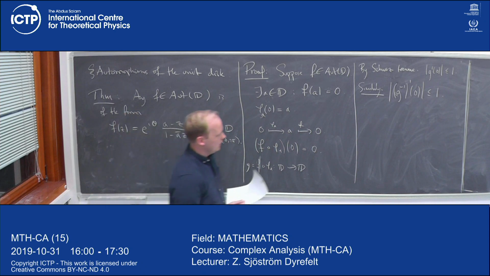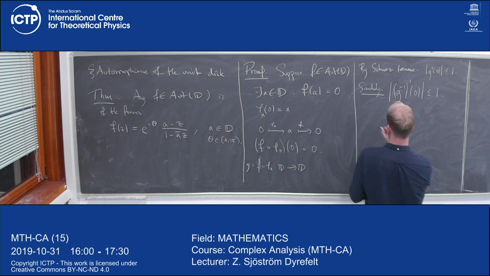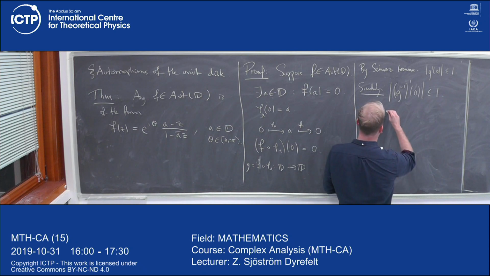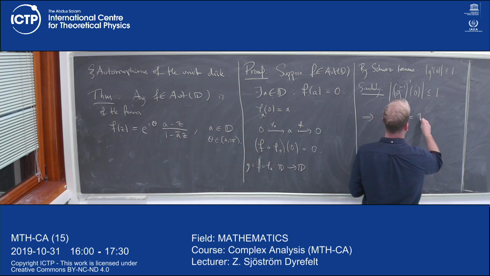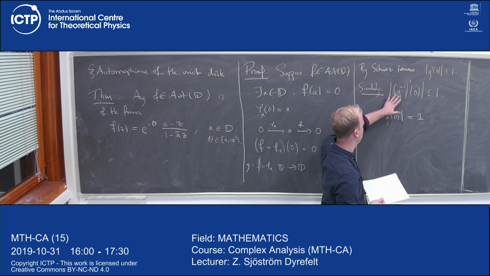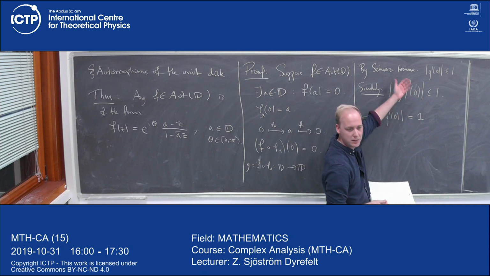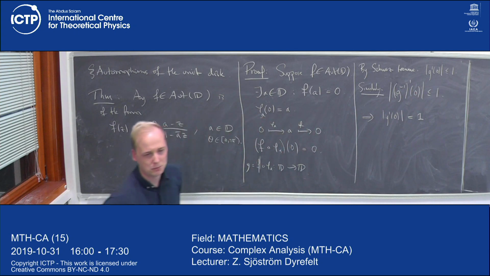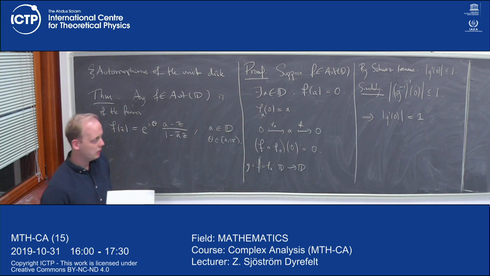But this implies that actually g prime of 0 must be equal to 1 in absolute value. Because as you remember, the derivative of the inverse is 1 over g prime at the appropriate point, which will still be 0. So it implies this.